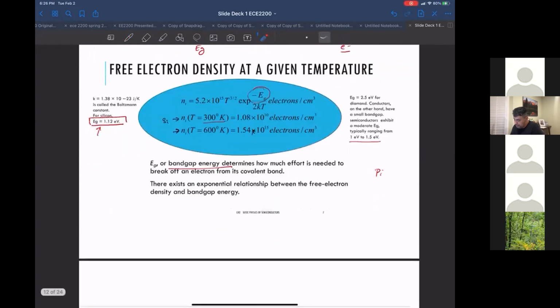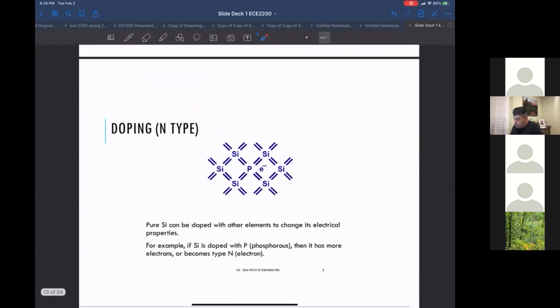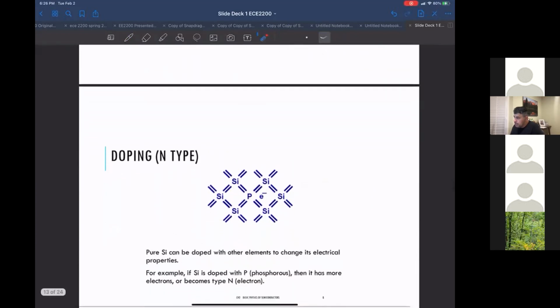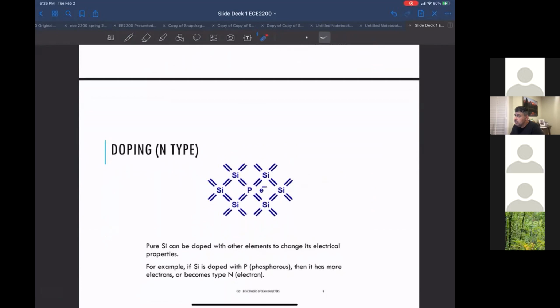Okay, so we saw how temperature affects the density of free carriers in a semiconductor. And remember again, the reason we're interested in free carriers is that free carriers basically determine how conductive a piece of semiconductor is.